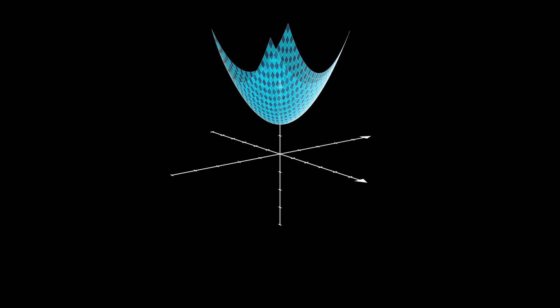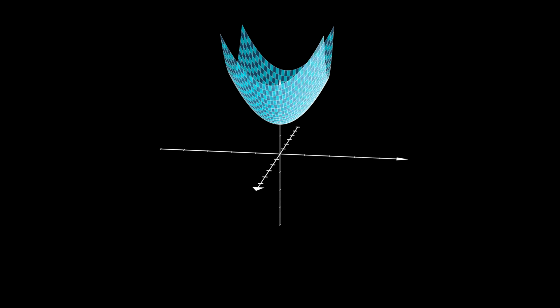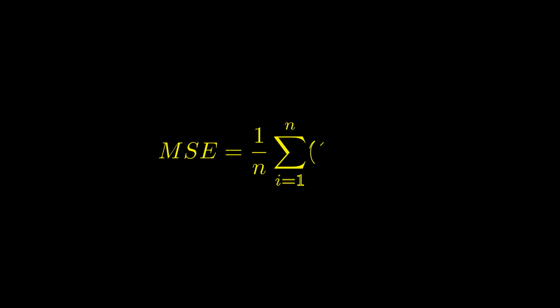Mastering this visual perspective is a game changer when it comes to designing and debugging neural networks. You'll want to stay tuned until the very end, as we'll be connecting the dots between pure math and practical AI.